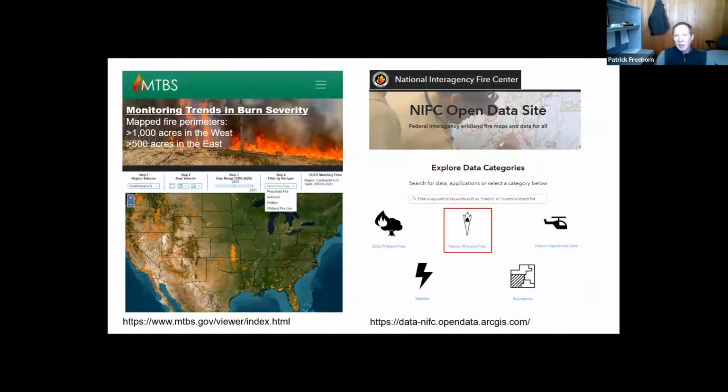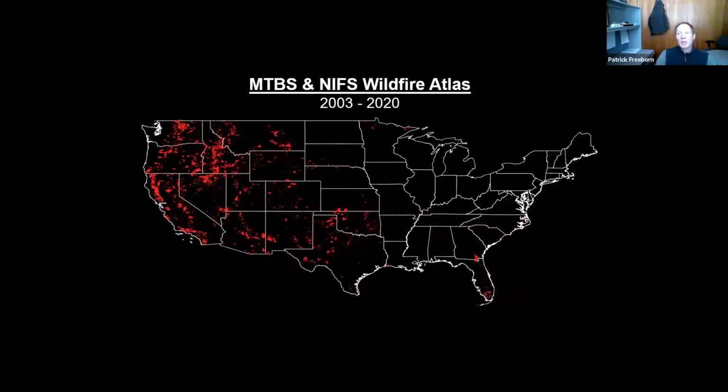And so the minimum mapping criteria for MTBS is 1,000 acres in the west and 500 acres in the east. So to get smaller wildfires included in that database, we supplemented MTBS with historic wildfire perimeters from the National Incident Feature Service made available through NIFC, which combined the MTBS and NIFS wildfire perimeters give us this atlas.